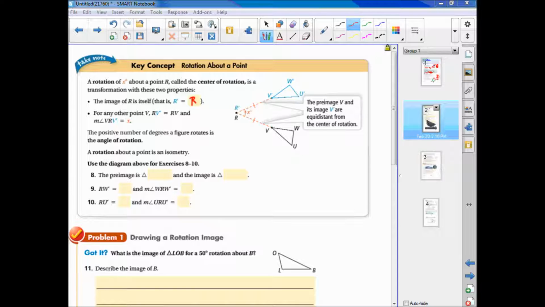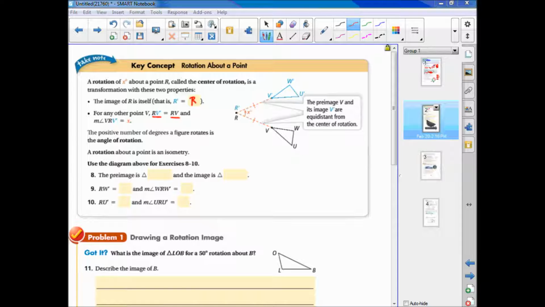Think of it as the hands on a clock. The hands of the clock rotate around the center of the clock, and that place at the center stays in the same spot no matter what. But for any other point V, R V prime, the distance from R to the new V, is the same as the distance from R to the old V.